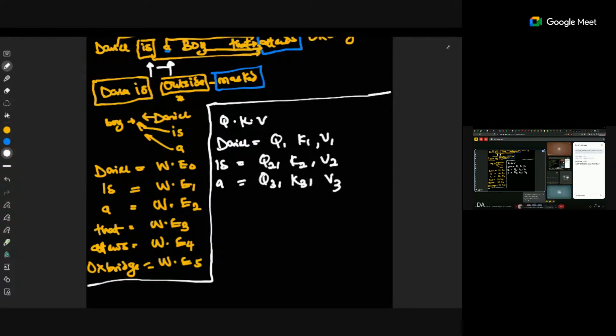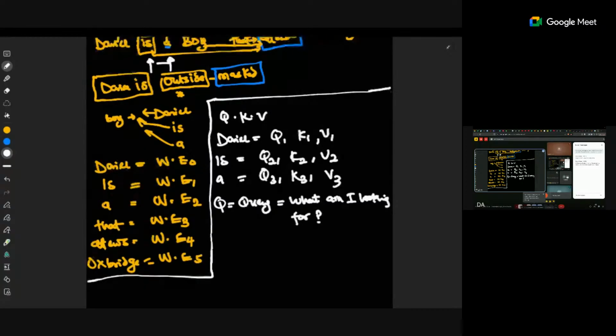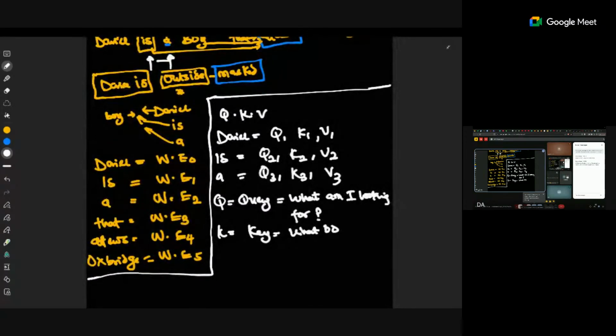Like I like to call it, so I would understand it, Q is called the query vector. I call it what you are looking for. What am I looking for? K is called the key vector. Like the meaning of key, what do I represent? Those of us who know key-value relationships in Python and data structures know what a key is.